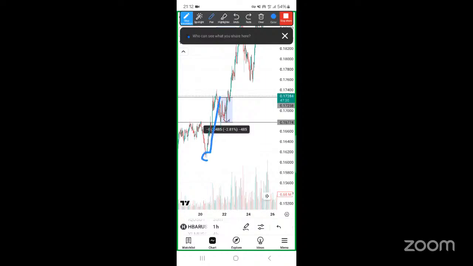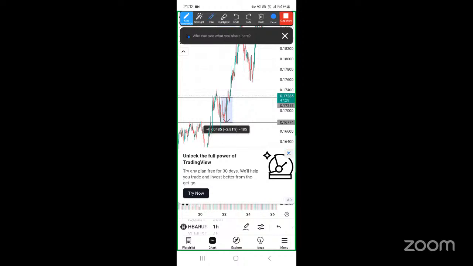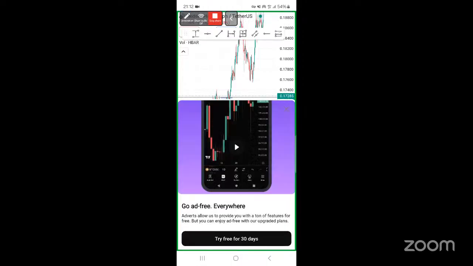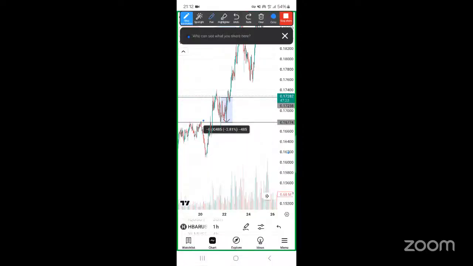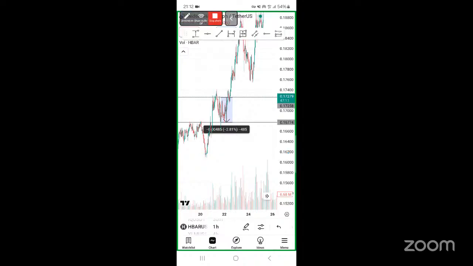You see, it came and experienced support here, then it bounced up. So there is a support area.